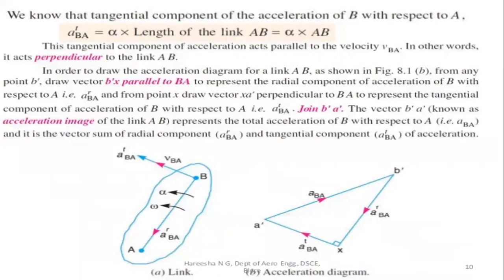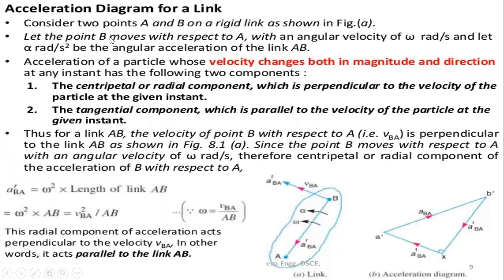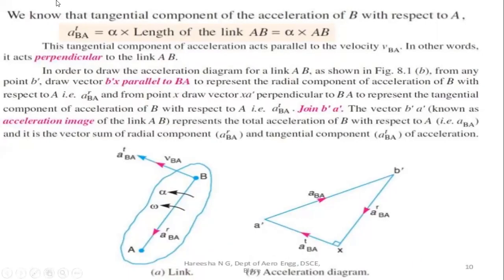Now I am taking the tangential component of the acceleration of the link B with respect to A. This tangential component, A_t of BA, is taken as alpha, the angular acceleration, times the length of the link AB, that is alpha into AB.